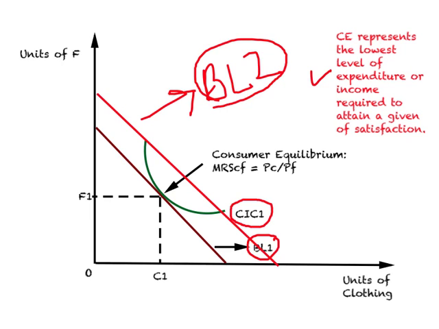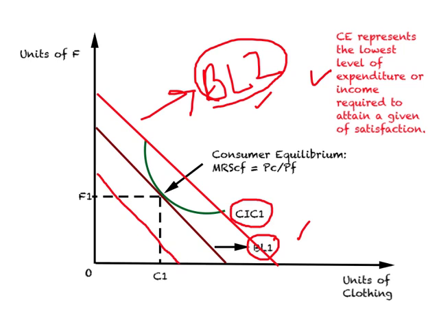But when you compare BL2 to BL1, what you find is BL2 means higher income or more expenditure by the consumers relative to BL1. So if you can attain the same level of satisfaction with lower money, you would always do that.